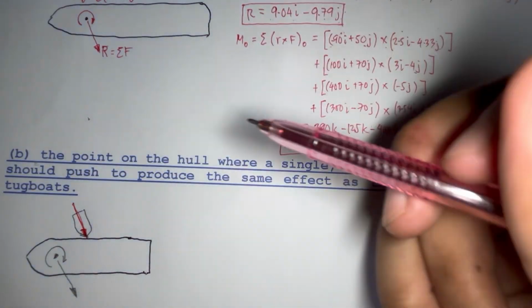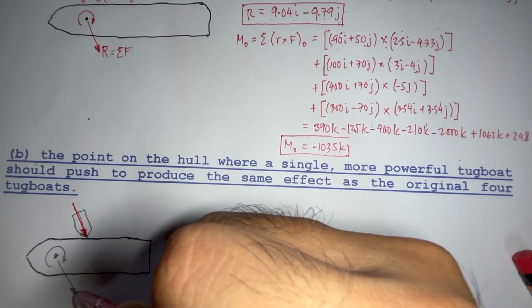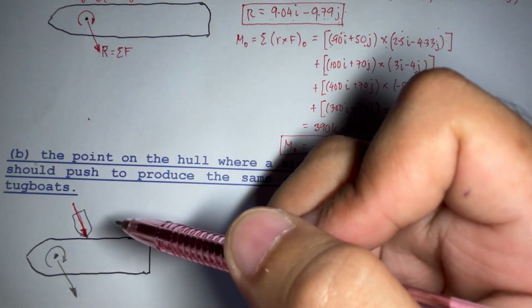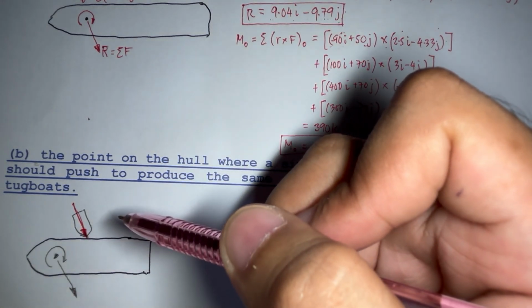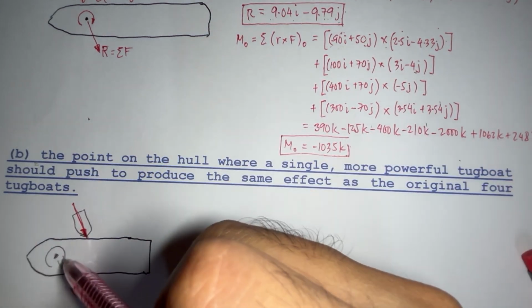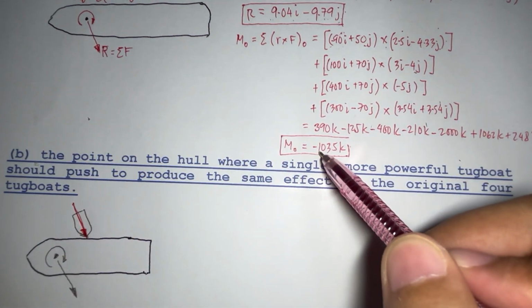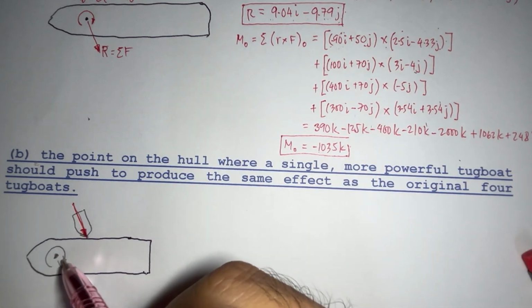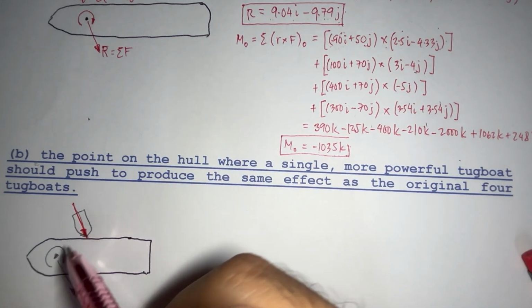So if we move this force towards this direction, we know that we need to add an additional couple. The negative 1035k couple is a free vector, so we can simply transfer that couple to this point and nothing would be added.